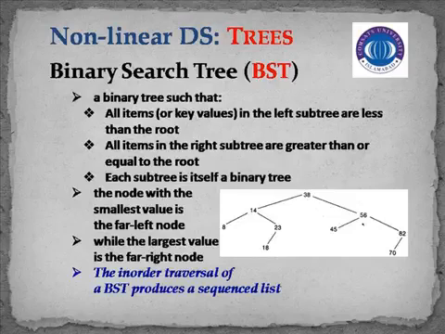Each subtree is itself a binary tree. The node with the smallest value is the far left node of the binary search tree, whereas the largest value is found in the far right node of the binary search tree. The in-order traversal of the binary search tree produces a sequenced list.